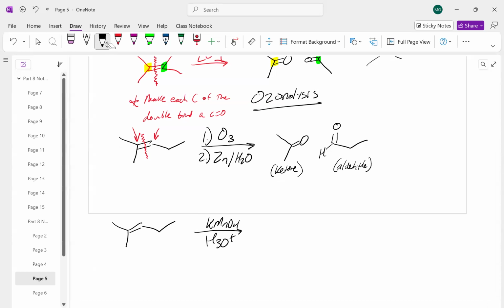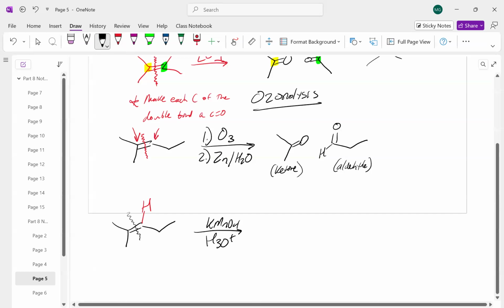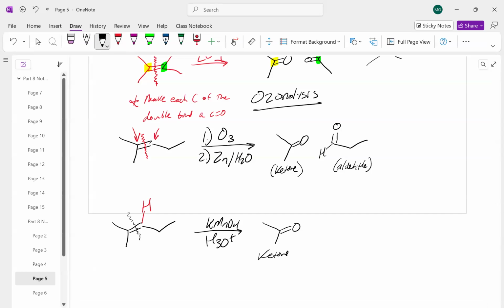And if one of the sides of an alkene has a hydrogen on it, I'm going to draw that one specifically there. When I break this alkene apart, the left side that doesn't have any hydrogens is still a ketone. But because there's a hydrogen on that right side, instead of oxidizing to an aldehyde, it gets oxidized to a carboxylic acid.